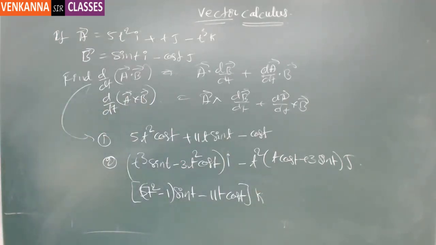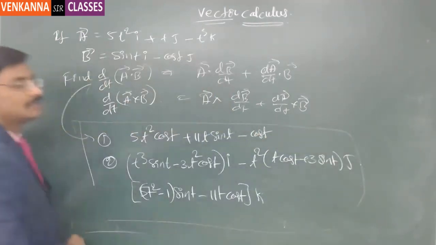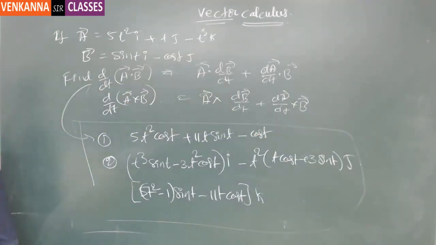Got it? So you can cross check it. So the methodology is simple. Only you need to do the simplification part of it. Got it? So these are the answers you can note down and verify.